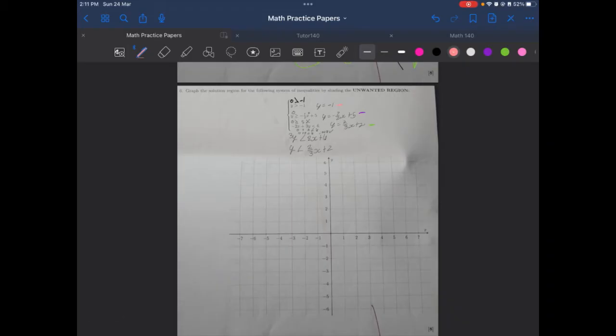So y equals -1, that's right here. Positive 5, go down 7, 1, 2, 3, 4, 5, 6, 7, and go over 2, 1, 2, (2, -2).